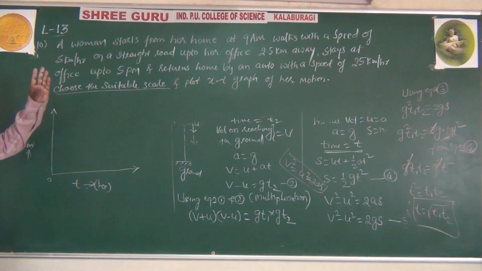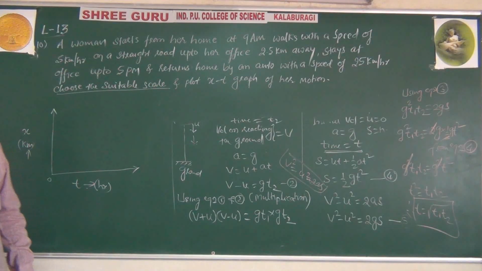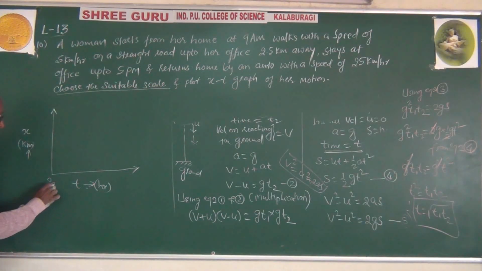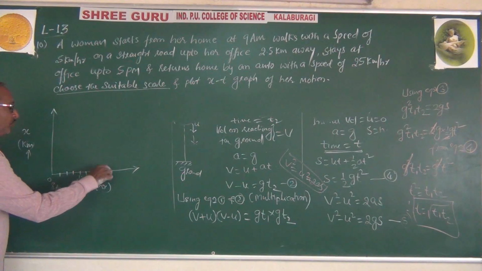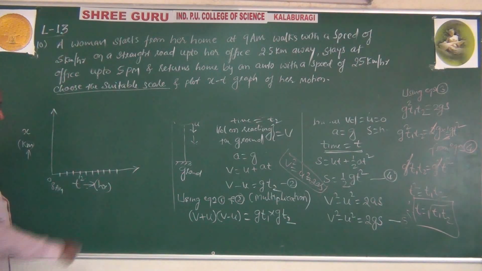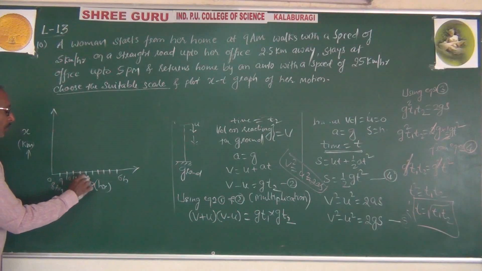Starting time is 9 a.m. For example, we will start at 8 a.m., and then 9, 10, 11, 12, and then 1, 2, 3, 4, 5, 6. On the x-axis, 1 unit equals 1 hour.